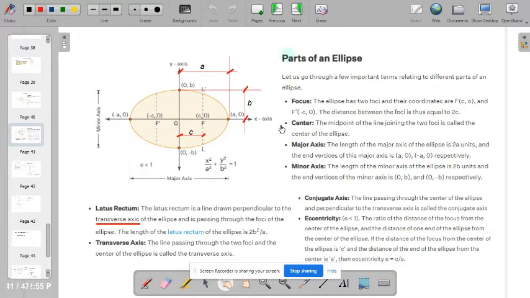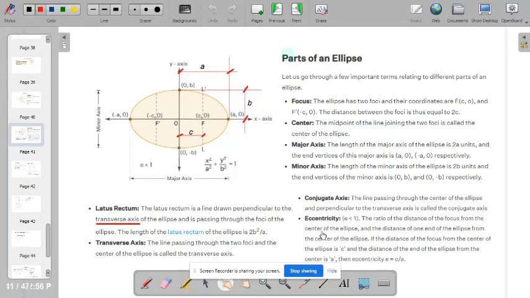The transverse axis is the line passing through the two foci and the center of the ellipse. So this transverse axis intersects the two foci and the center of the ellipse. And then we have the conjugate axis. The conjugate axis is the line that is passing through the center of the ellipse, and it is perpendicular to the transverse axis.